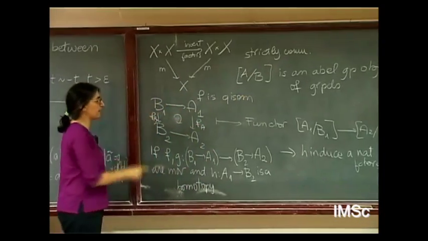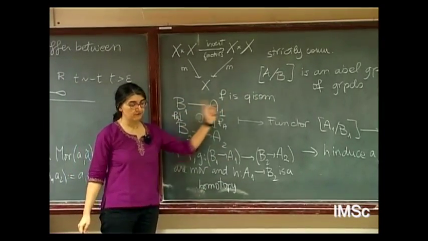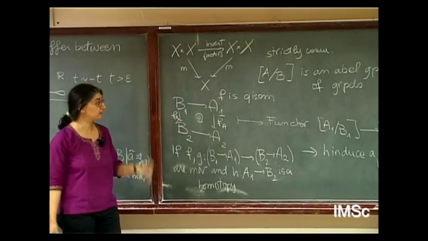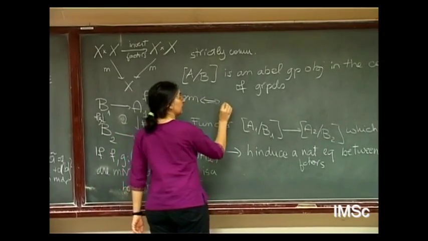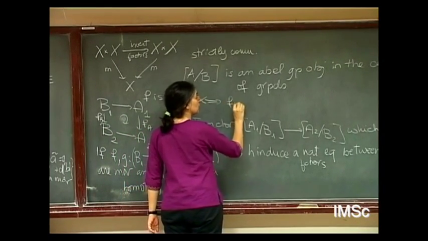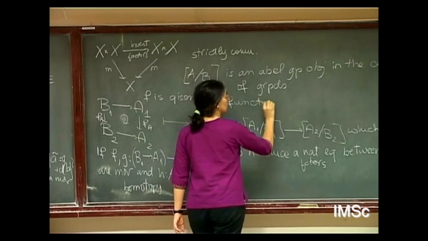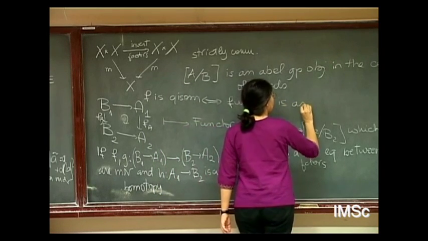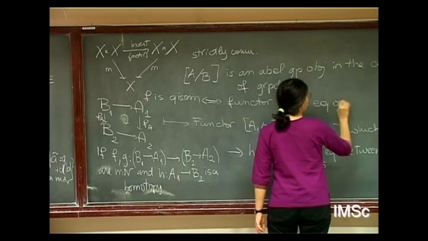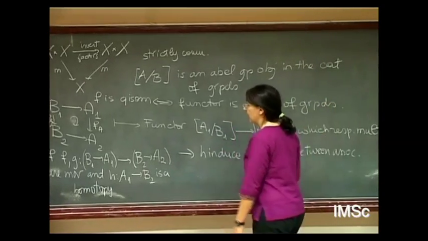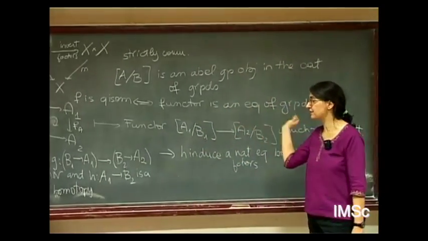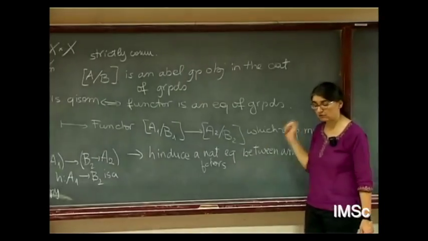This means, remember, that it induces an isomorphism on both cokernels and kernels. This is equivalent to saying that the corresponding functor is an equivalence of groupoids. And in fact, you can reverse every arrow.